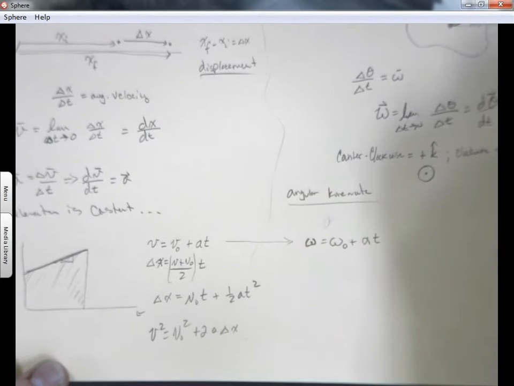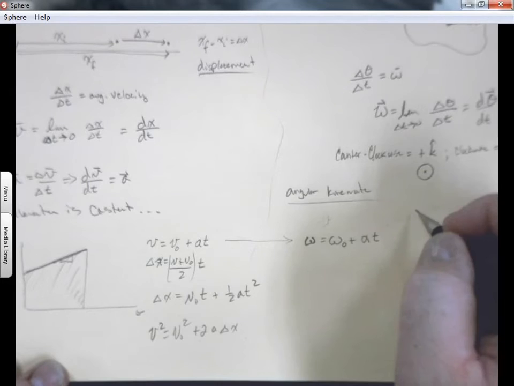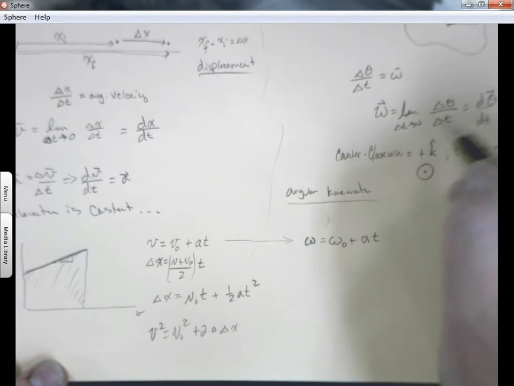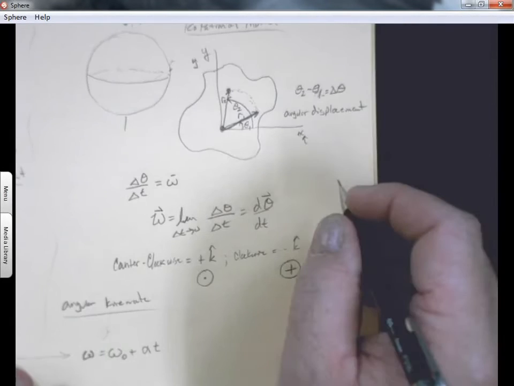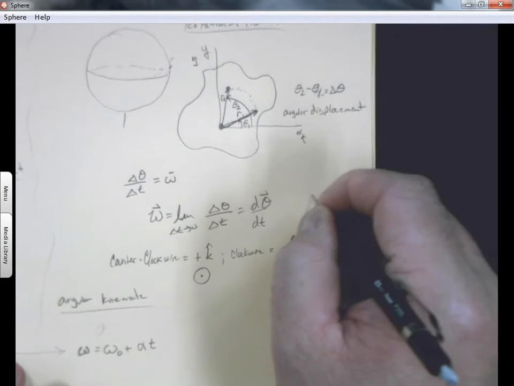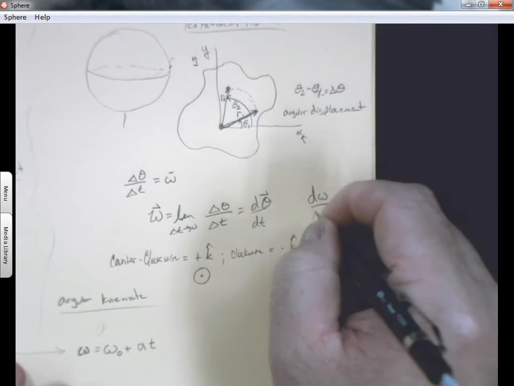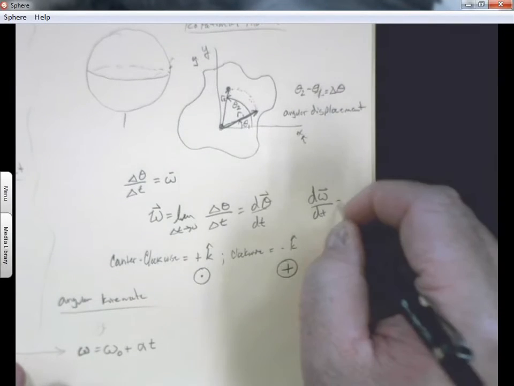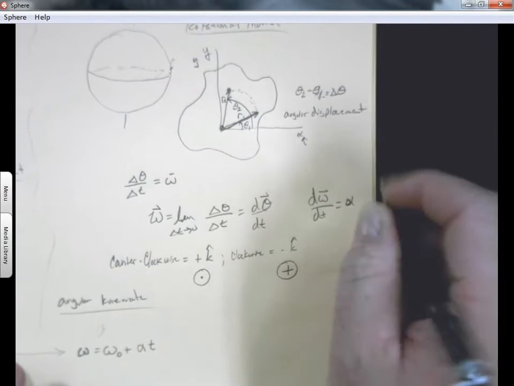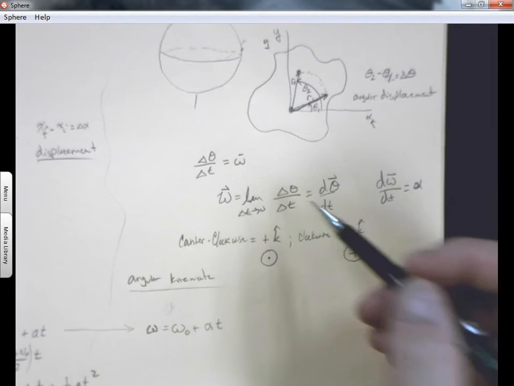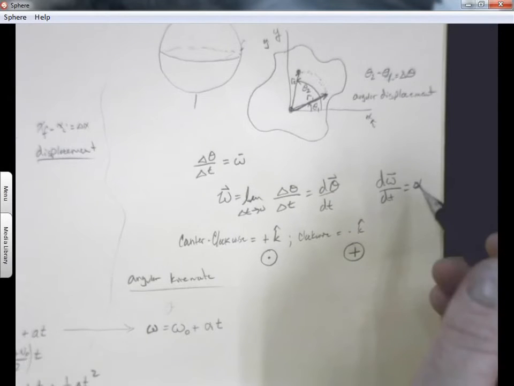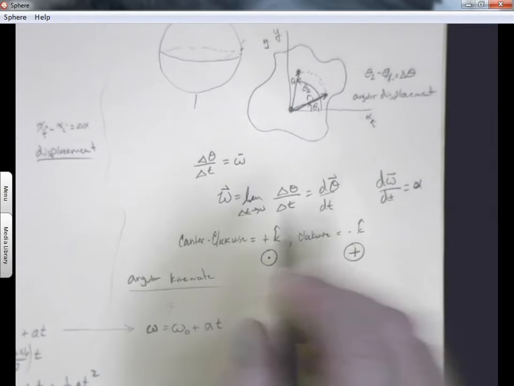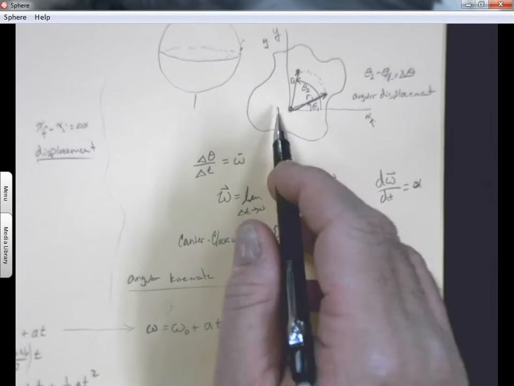Omega is d theta dt, and if we do d omega dt, we wind up with alpha, the angular acceleration. Usually it's done in radians, but it can be revolutions as the angular displacement. We usually use radians, so radians per second squared, radians per second, or just radians for our angular displacement.